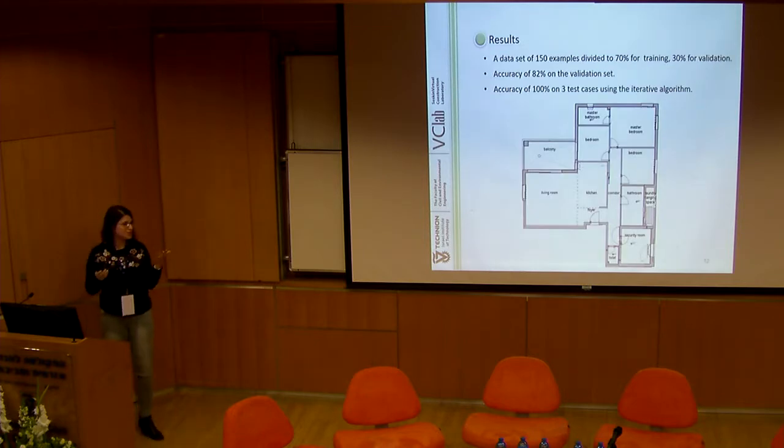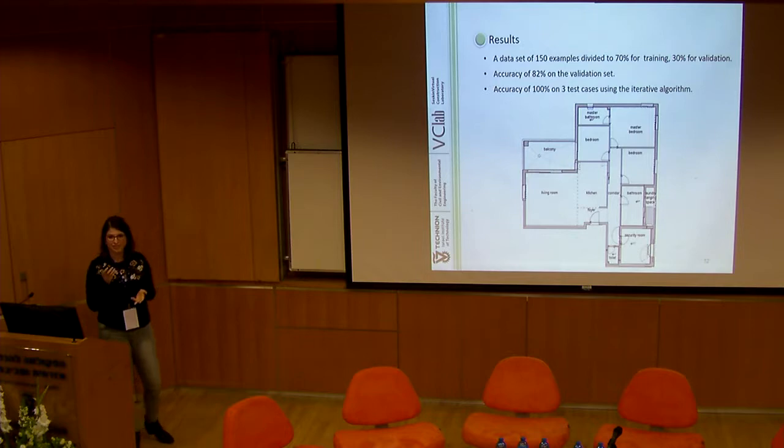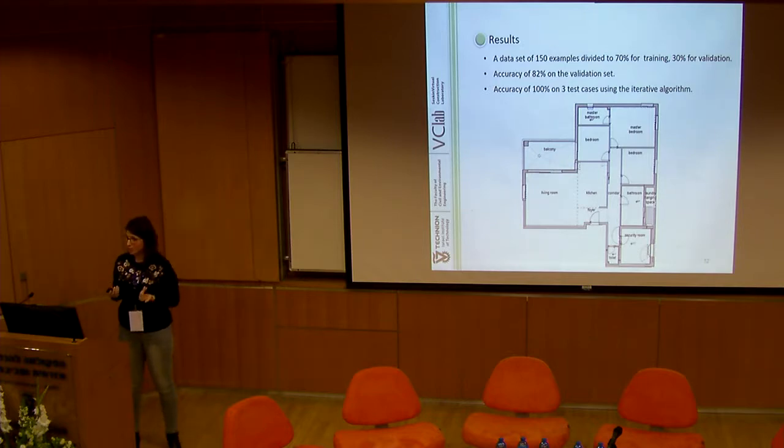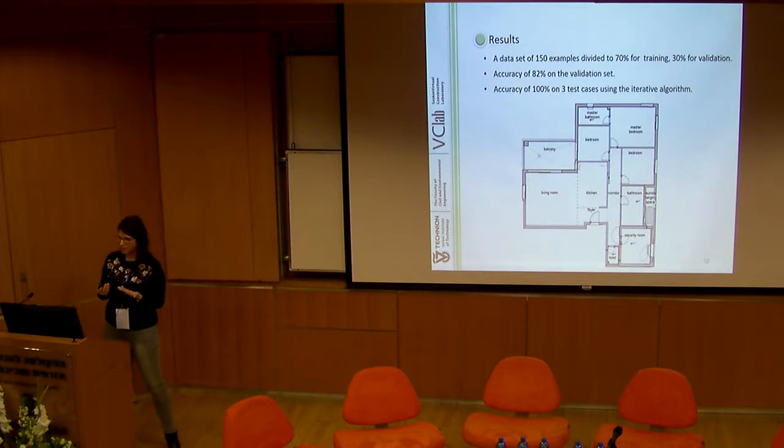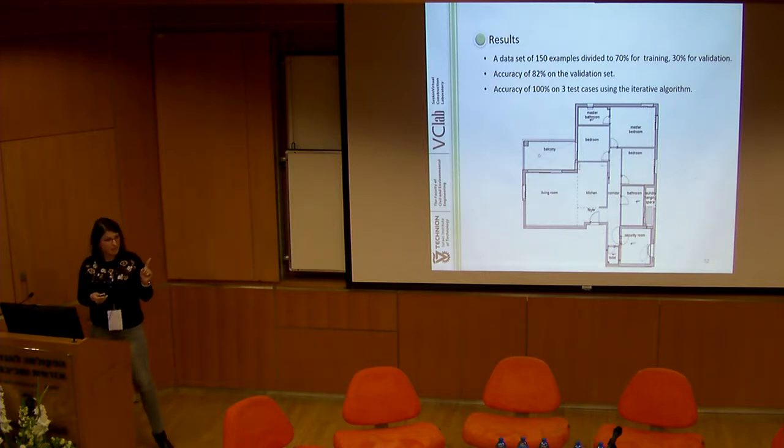So unfortunately, I only had 150 examples. My data set was very small. And 70% of that was used to actually train the model. 30% was used for validation. And still, we got 82% accuracy on the validation set that was based on only geometric features.